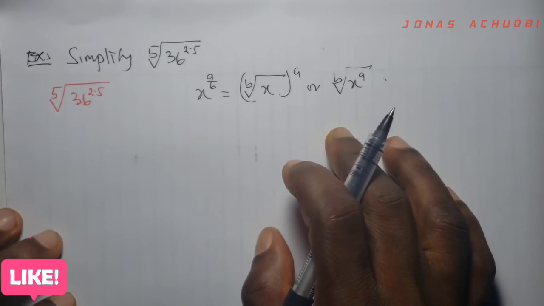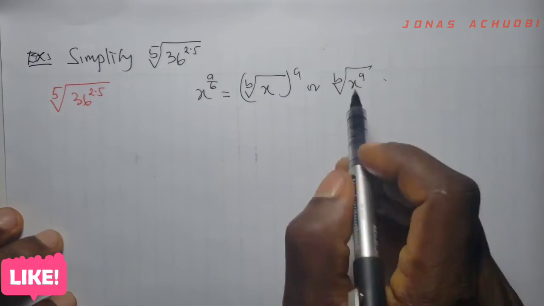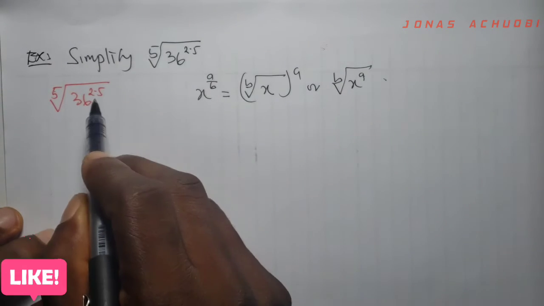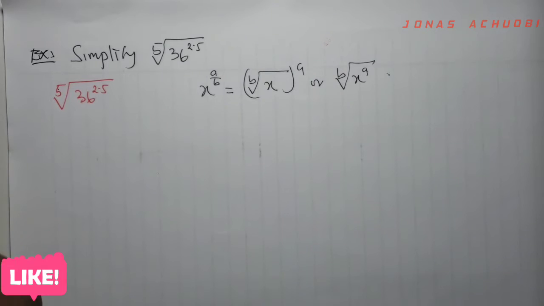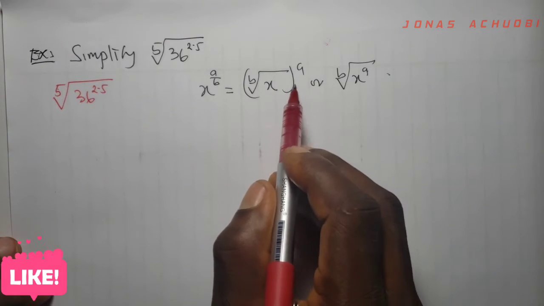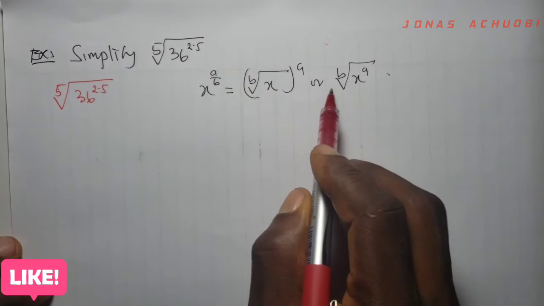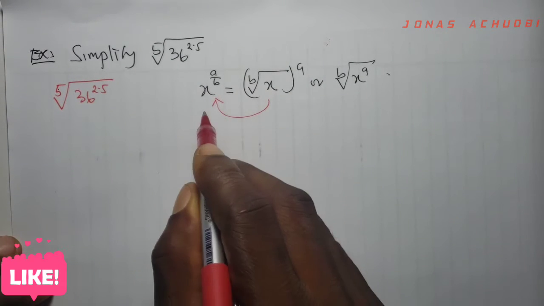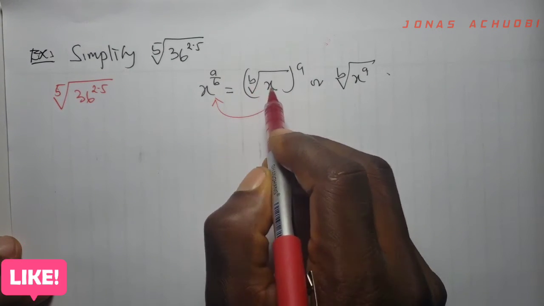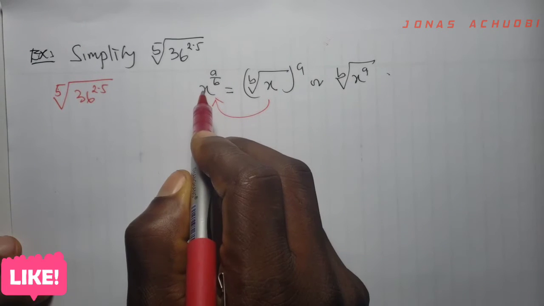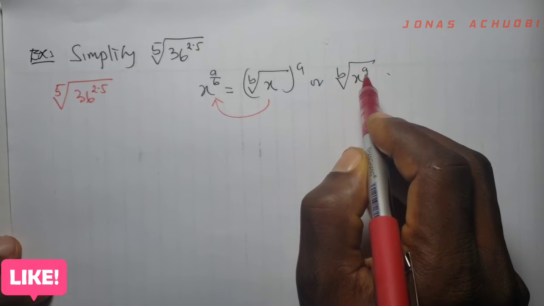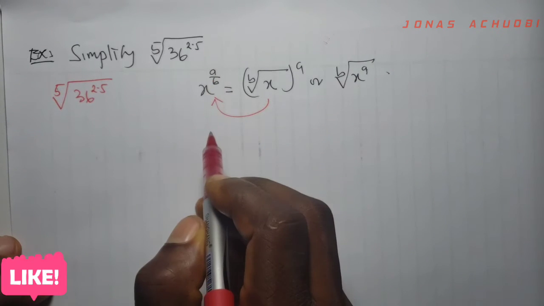So where I have b here, I have 5, and where I have a here, I have 2.5. Take note that in this law of indices, we can also write these laws from right to left. That is to say that I can write the bth root of x, all raised to the power a, as x raised to the power a over b.